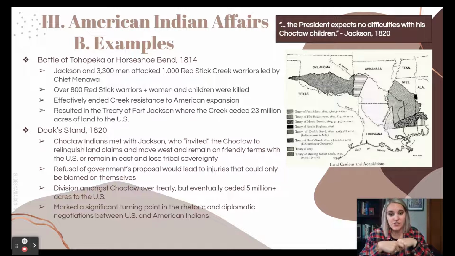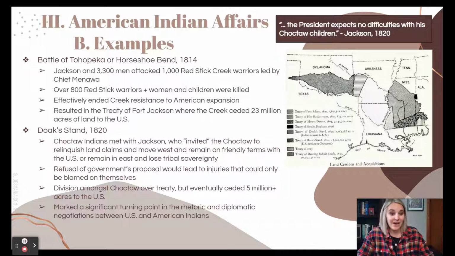And in these negotiations, Jackson refuses to follow some of the subscribed cultural norms that had been in place. He also references the American Indians as children. For example, he says the president expects no difficulties with his Choctaw children. So very paternalistic here.